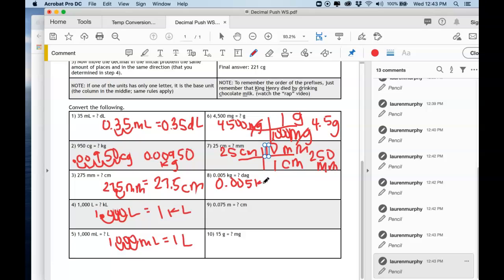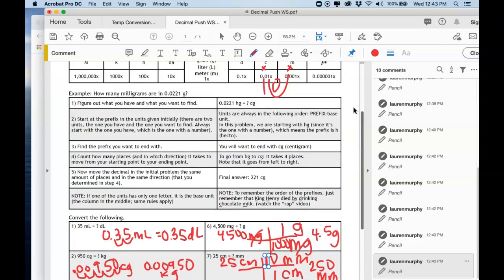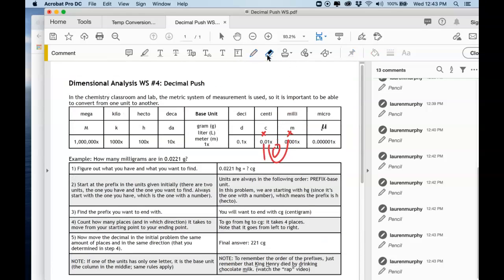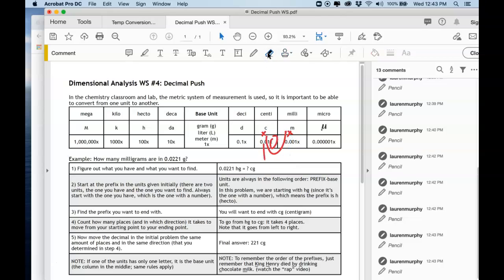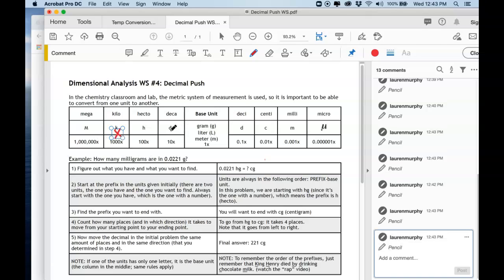0.005 kilograms. And this is the dimensional analysis way with the lines, kilograms to decagrams, not decigrams. So I'm going to find kilogram and I'm going to find decagram. Kilo is right here. Deca is right here.